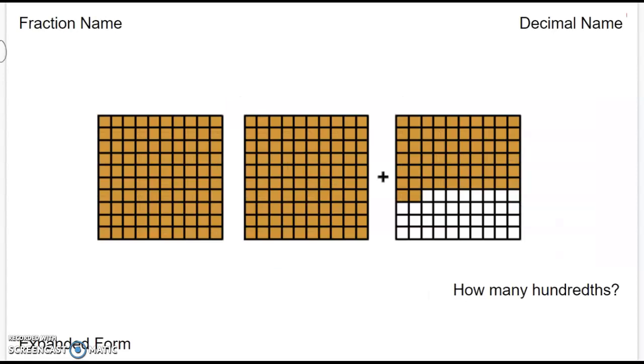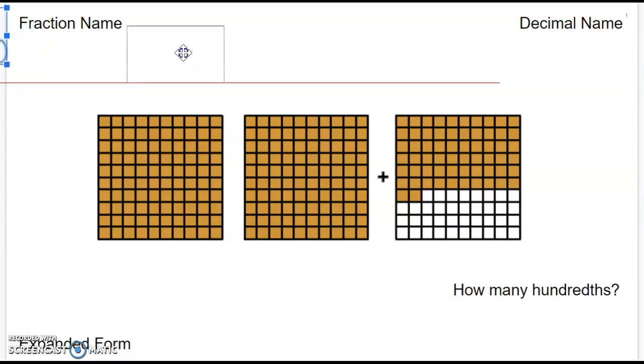Okay, you must have turned back on the video because we're going to come back and do one more of these. I'm hoping this helps you today. The fraction name for this new picture is 2 wholes and 62. I know some of you probably have to count them. Mrs. Moon already knew there were 62 hundredths.